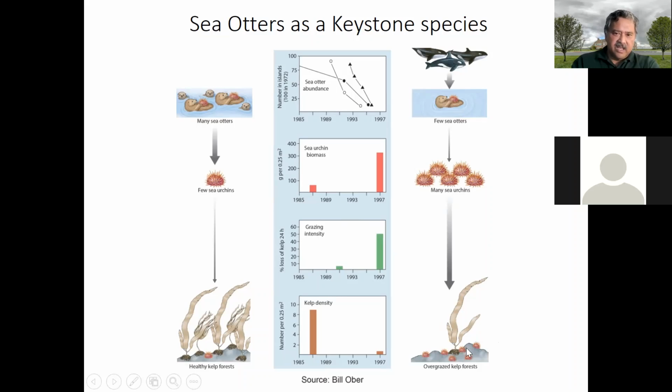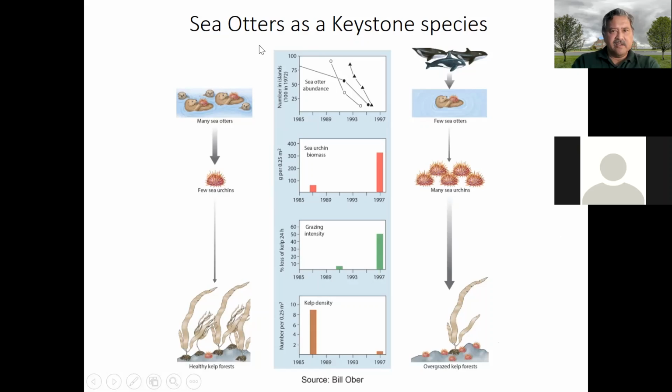And so those guys overgraze the kelp forest and eat up the holdfast, and these guys just go floating away. Over here, you see before: many sea otters, few sea urchins, and you have a richer, denser kelp forest. So if you take out sea otters from this community, it's a problem.